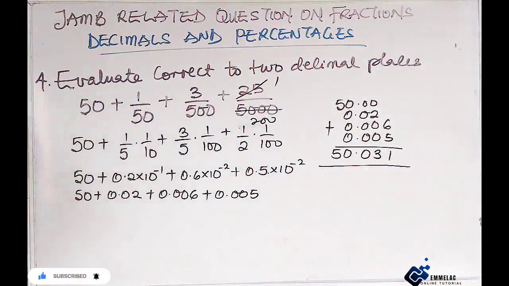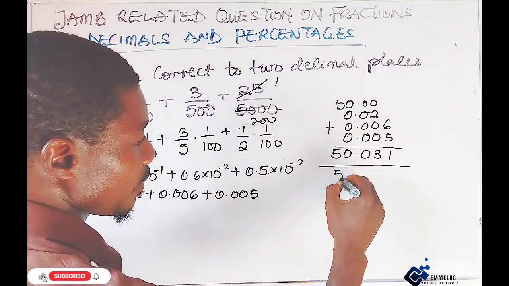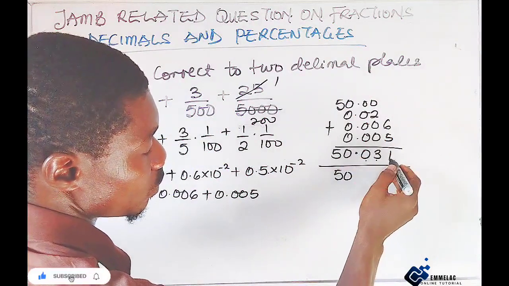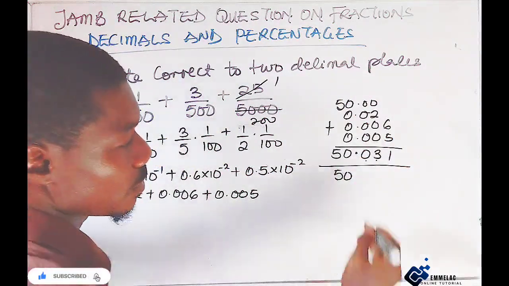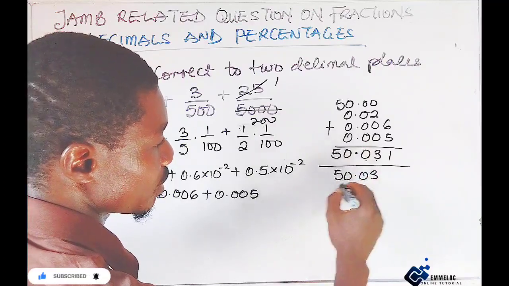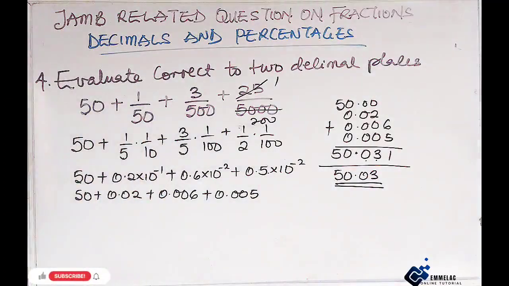Okay, now to two decimal places. So here we have 50, this is 0, this is 1 and 2. Now since 1 is not up to 5, you round it down, so it becomes 50.03. Alright, thank you. Let us now move to number 5.